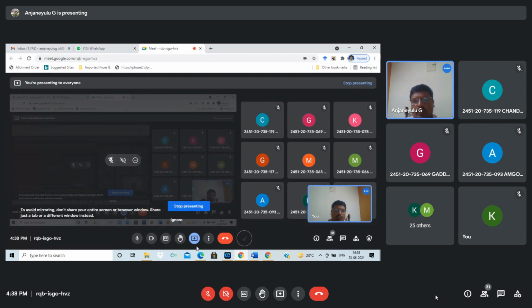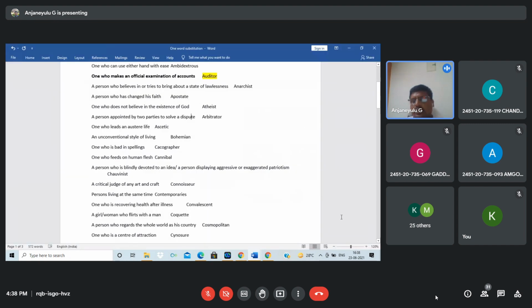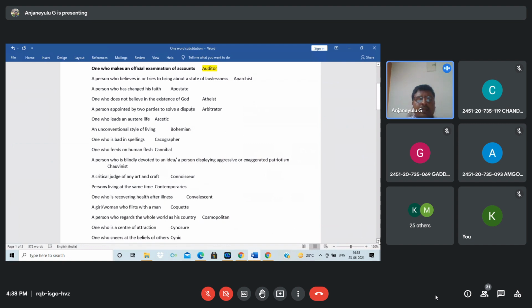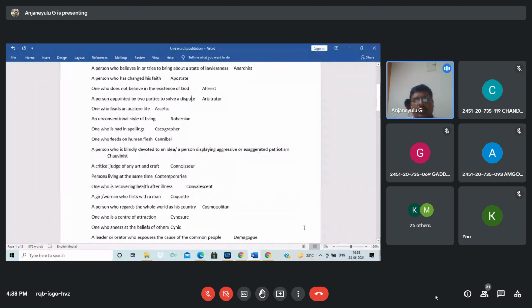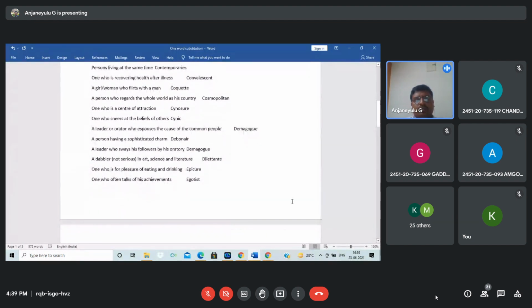So sometimes, dear students, words which give the meaning in details, you can write in details using that. Here, if you look, there are some one word substitutes I mentioned. You just try to follow the expressions, and read and use them in your daily conversation.